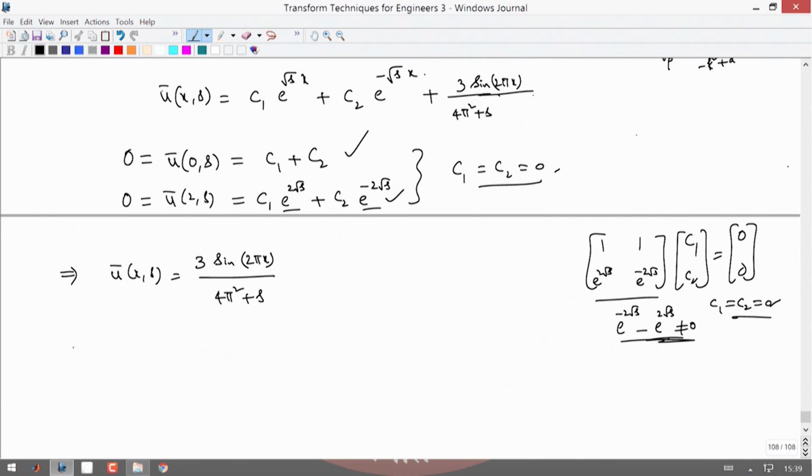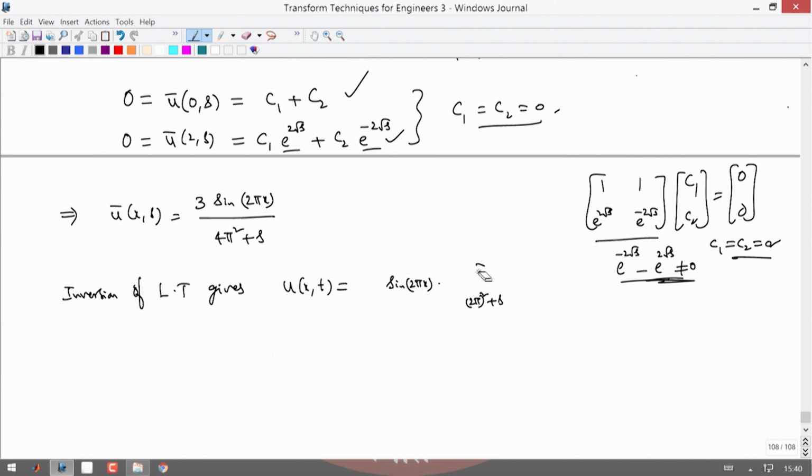Now, you invert this. Inversion of the Laplace transform gives u of x, t equal to 3 sin 2 pi x times 1 by 4 pi square plus s inverted, which is e power minus 4 pi square t.